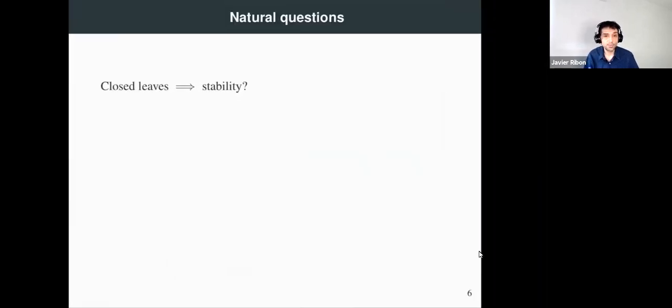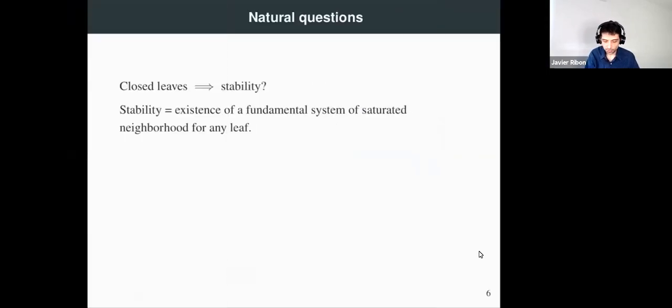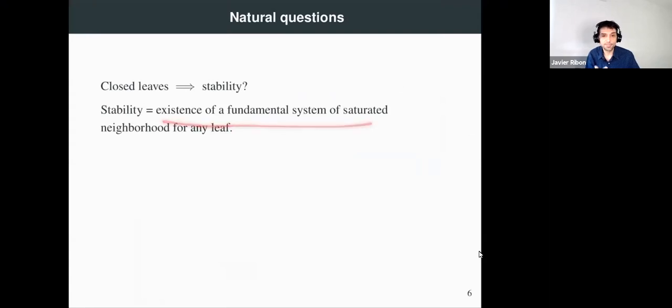There are some natural questions. It is clear that if you have stability, it means that the conclusion of the Reeb local stability theorem holds. Okay, so that you have a neighborhood system of the leaf consisting of invariant sets.